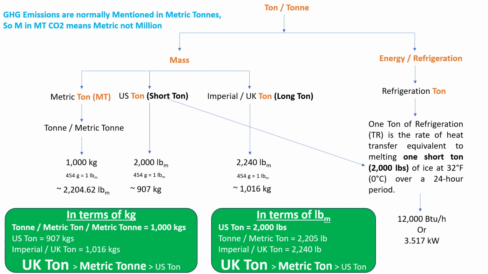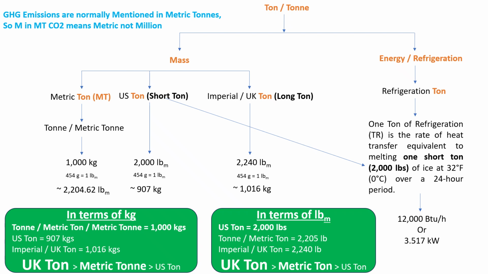This is interchangeably used as 12,000 BTU heat removed or gained, depending on whether you are cooling or heating. So 1 ton of refrigeration is equivalent to 12,000 BTU per hour of energy, or in terms of kilowatts, around 3.517 kilowatts. So here you see different terminologies which sometimes can be confused.